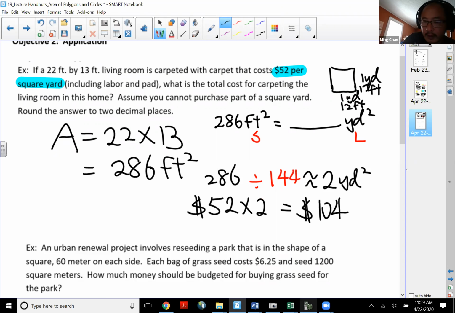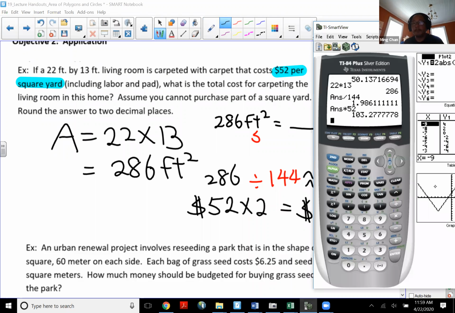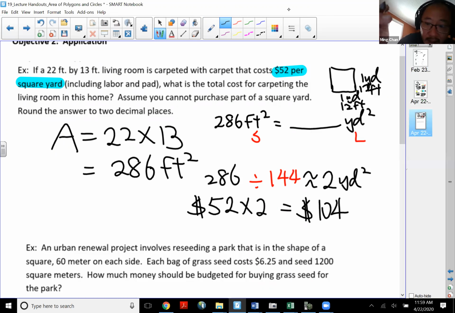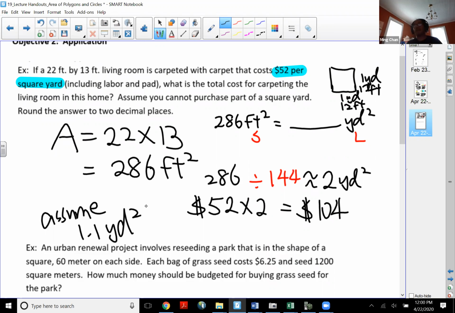Now, here's the thing about the rounding. If the problem says you cannot purchase part of a square yard, and assume it was not 1.9 something. Let's say I only need 1.1 square yard. If I only need 1.1, I don't need anything more than that.